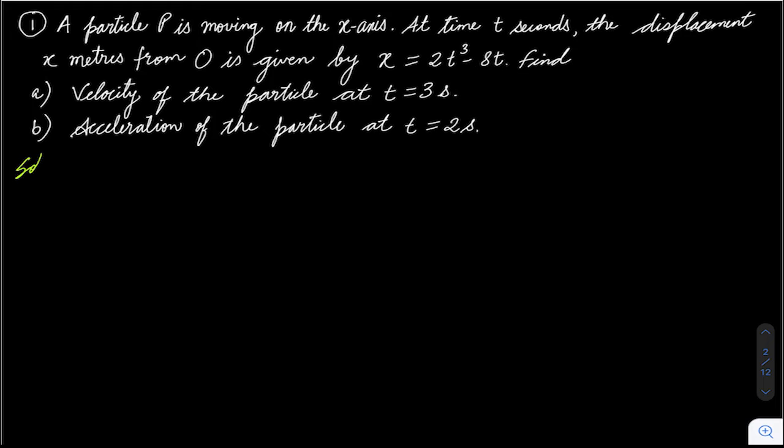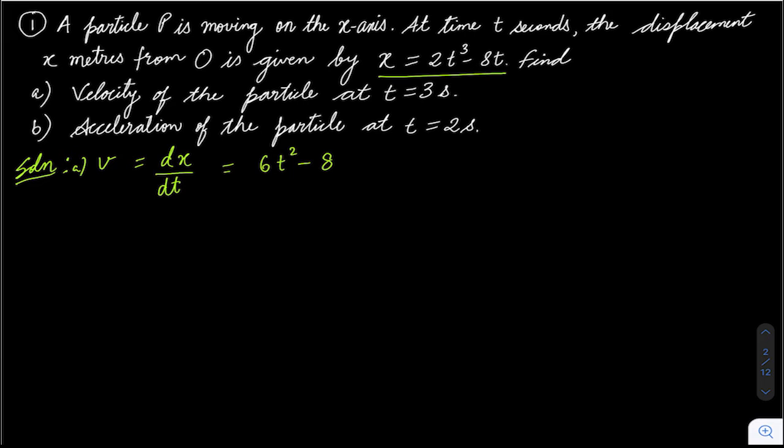Displacement is given, and we know that velocity is nothing but ds by dt, which in this case is dx by dt. So let's differentiate this x. Differentiation of 2t cubed is 6t squared, minus 8t differentiates to 8. So this is my velocity at time t.